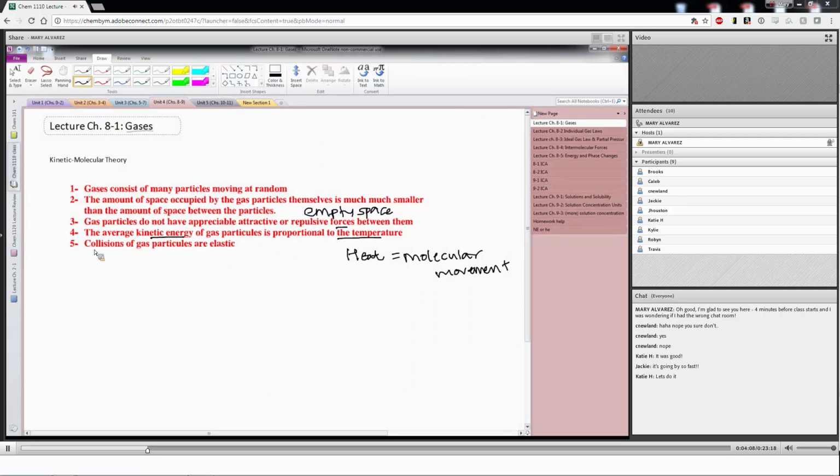And then collisions of gas particles are elastic, and this is just saying that energy is transferred, it's not created or destroyed. So you could have a gas particle collide with another gas particle, and they might transfer energy between them, might give the other guy a little boost, but the energy is not created or destroyed, it's just transferred.